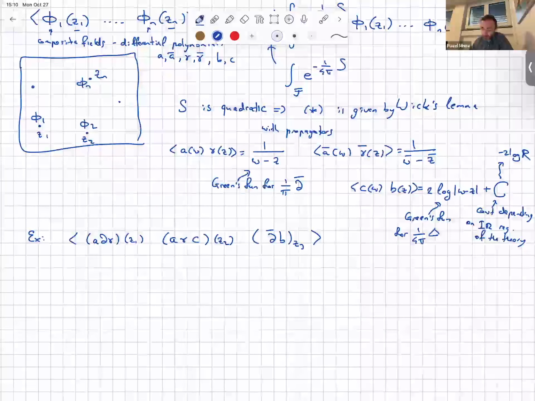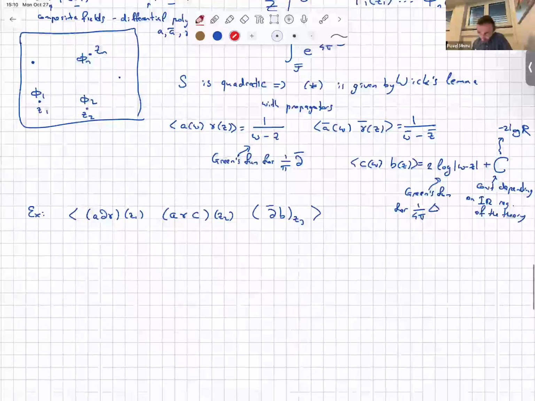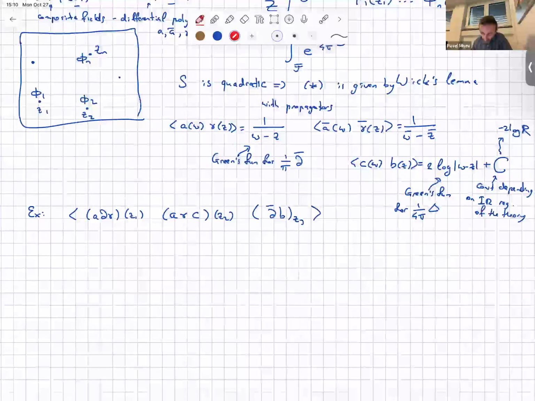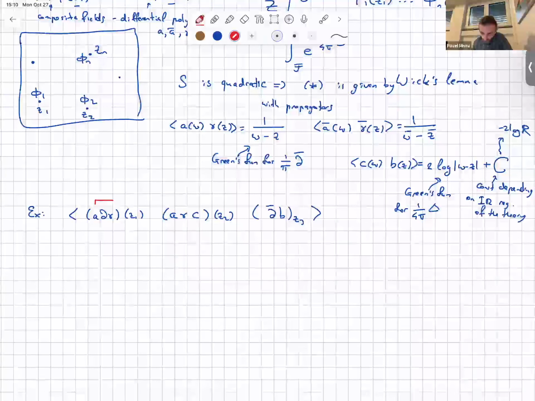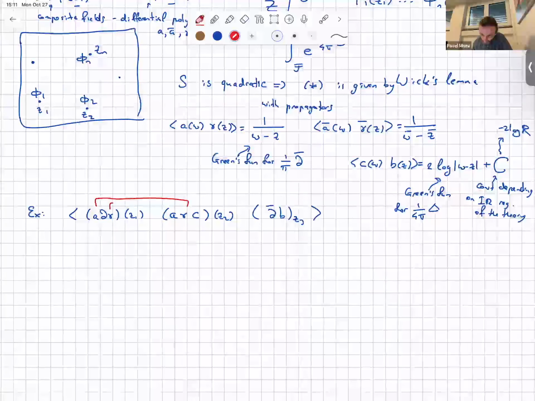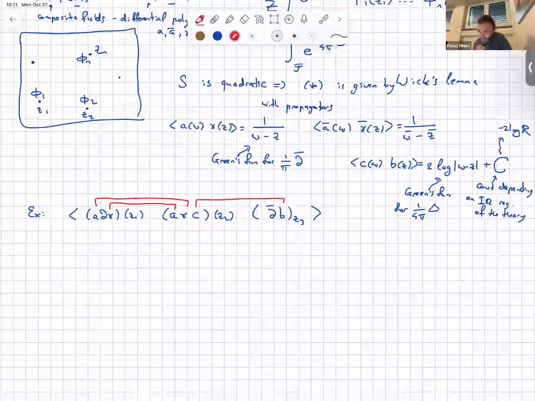So there will be different Wick contractions. Let's say, for instance, I can pair A with gamma here, I can pair gamma with A here, and C with B here.